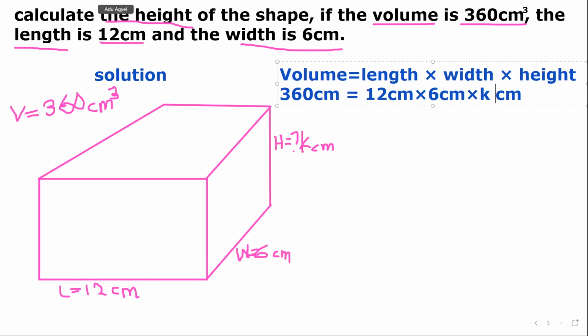Now let's do away with the centimeters and then deal with the proper equations, which means we have 360 is equal to 12 times 6 times K.